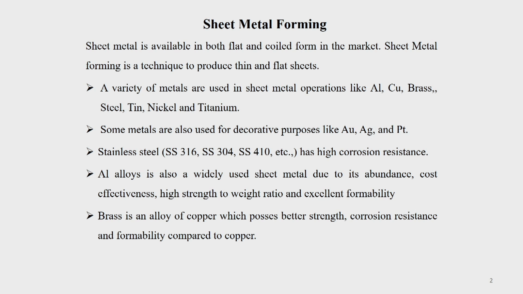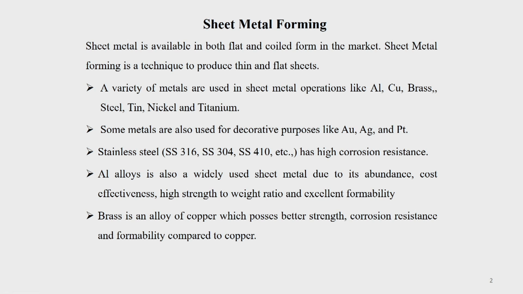Different varieties are used for industrial purposes. The advantage of stainless steel is very high corrosion resistance, hence it is extensively used for domestic purposes. Aluminum alloy is also a widely used sheet metal due to its abundance and cost effectiveness.